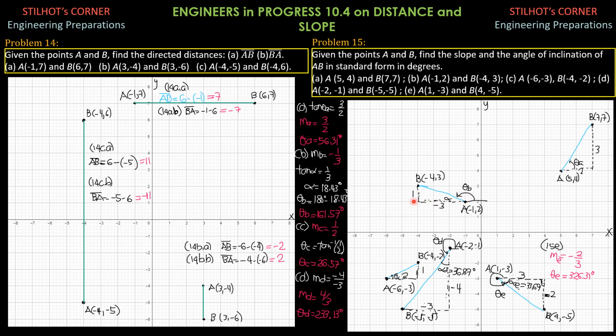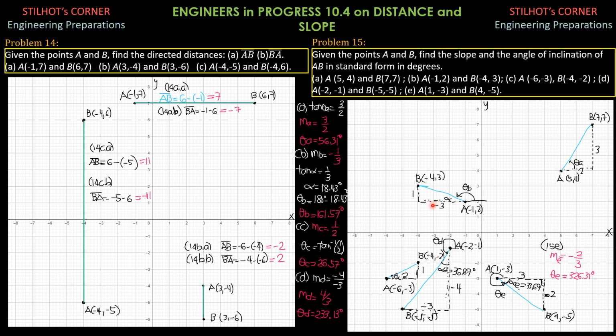That's why the horizontal distance AB is negative, because we have negative 4 minus negative 1. Negative 4 minus quantity negative 1 is negative 4 plus 1, so negative 3. While the vertical is positive because upward: the y coordinate of B, 3, minus the y coordinate of A, 2, so 1.